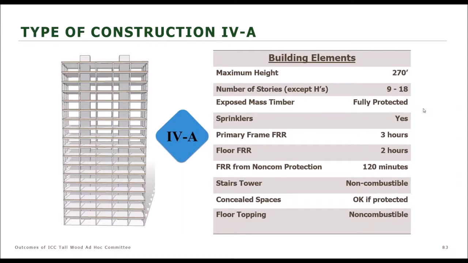Sprinklers, yes. Primary structural frame, 3 hours, 2-hour floors. Here we go. Fire resistance rating from the non-combustible protection, 120 minutes on the primary frame. Stair towers must be non-combustible. Jason mentioned that, and you can have concealed spaces, but they have to be protected. Let's take a look at type 4B.